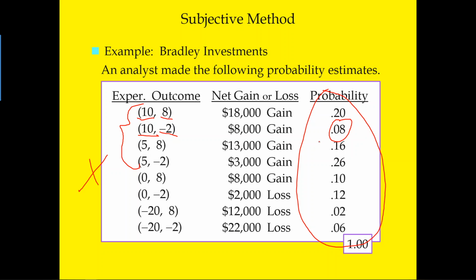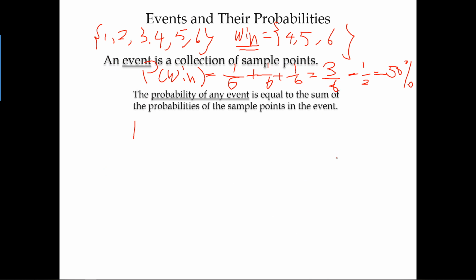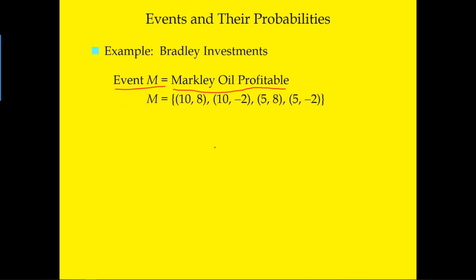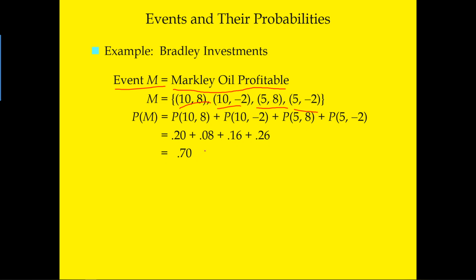Again, don't get confused, because each outcome is not equally likely to happen. We have to use the subjective probability to figure out the probability of the event. So let's look at the answer together. We identified these 4 sample points as belonging to market oil being profitable, found the corresponding probabilities, added them together, and got 70%. So we have a 70% chance that market oil is profitable.